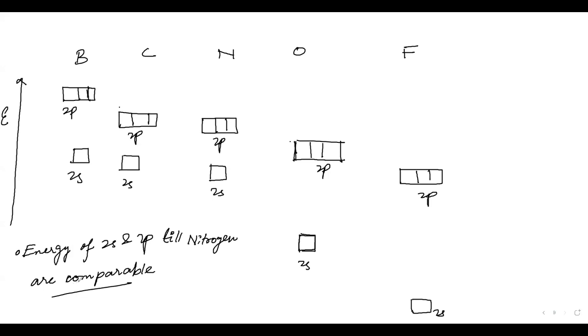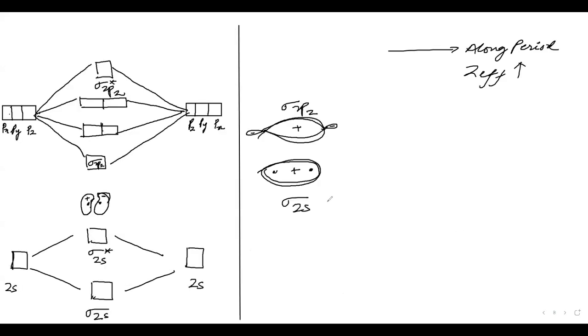They are comparable. Yes, sir. Correct. Now for oxygen, what happens? The energy difference is very large now, by virtue of their higher electronegativity. Now see the 2s and 2p, they have comparable energy. Energies are comparable. And see the molecular orbital that we form, it has similar symmetry.